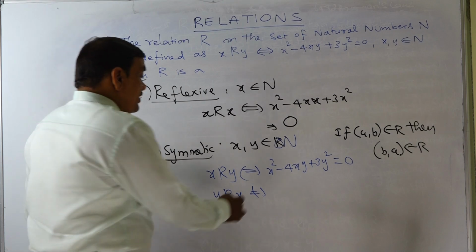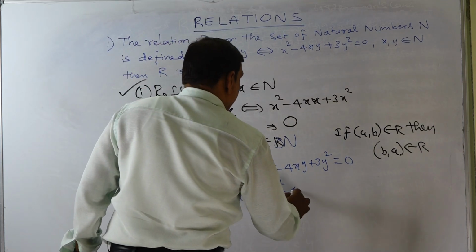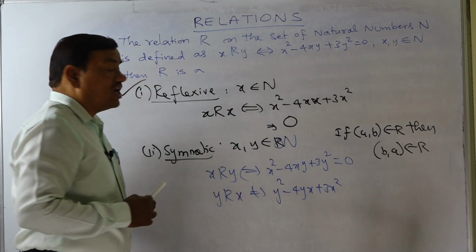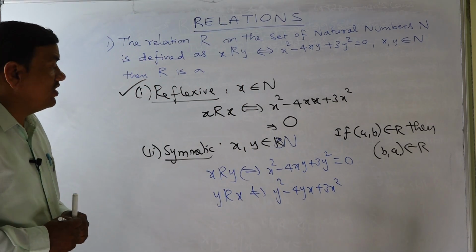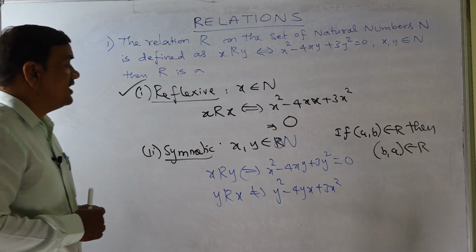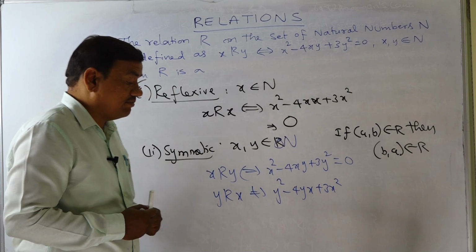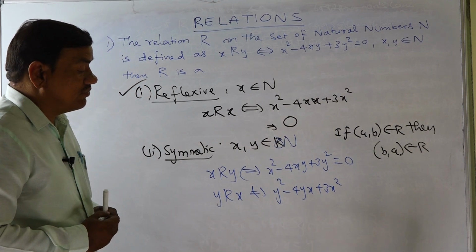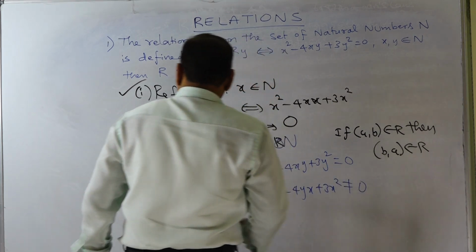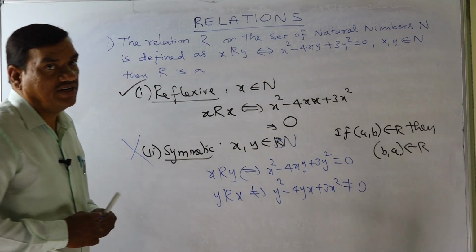Let us check. It is given as y square minus 4yx plus 3x square. Is it also equal to 0? Definitely not. If you substitute any numbers, definitely it cannot be equal to 0. Therefore, R is not a symmetric relation.